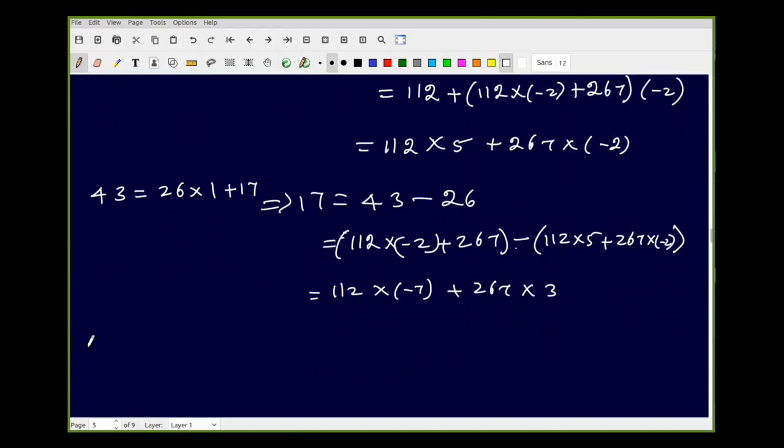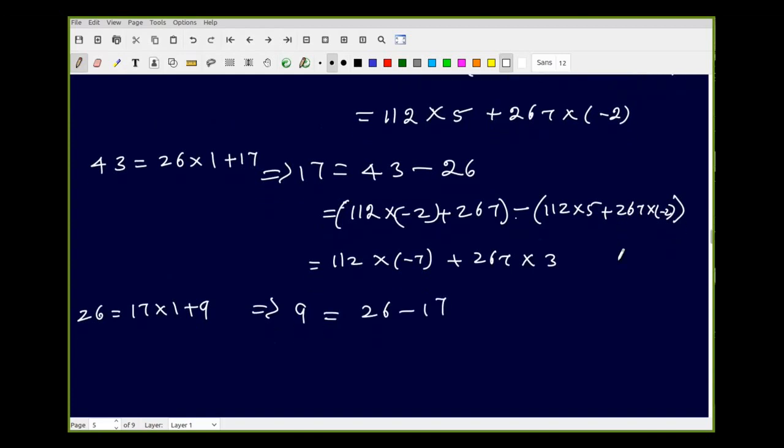So the next remainder is 9, obtained from this equation. So 9 is 26 minus 17 times 1. So 26 is 112 product 5 plus 267 product minus 2, minus 17, like that.